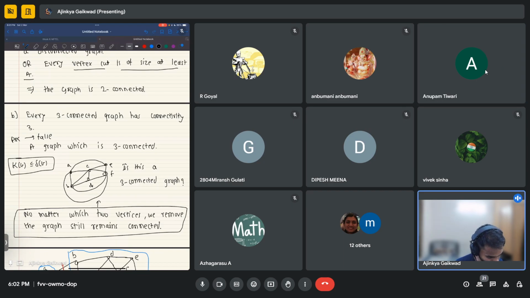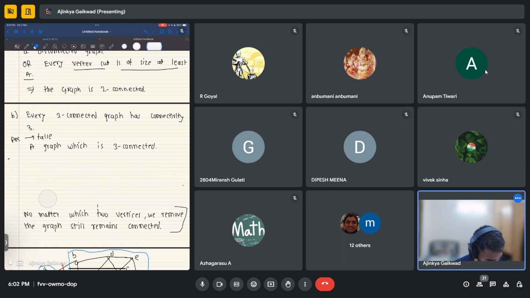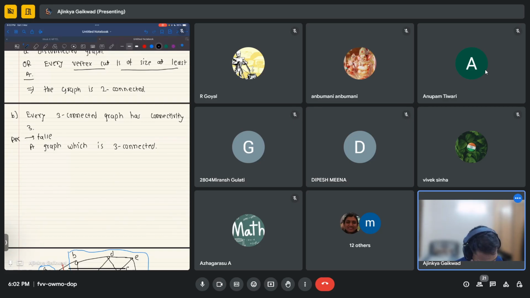So let me construct another graph where the connectivity is 4. So let me construct a bit more dense graph. I think I need a lot of vertices. So let's say 1, 2, 3, 4, 1, 2, 3, 4, 1, 2, 3, 4. Let's say everything is connected.